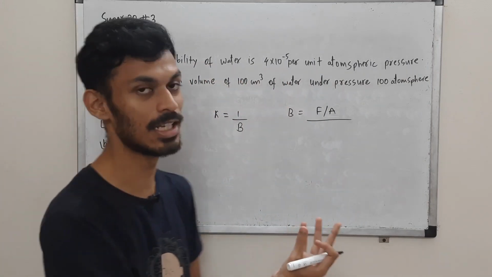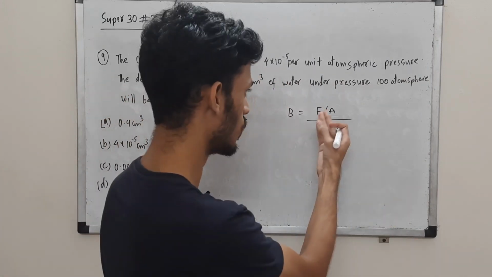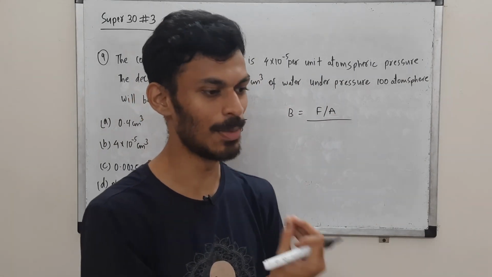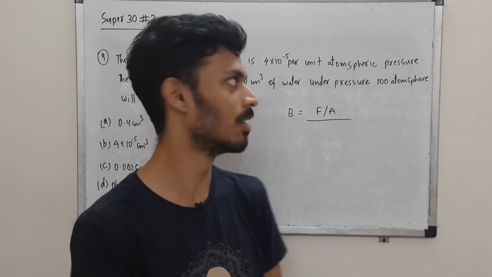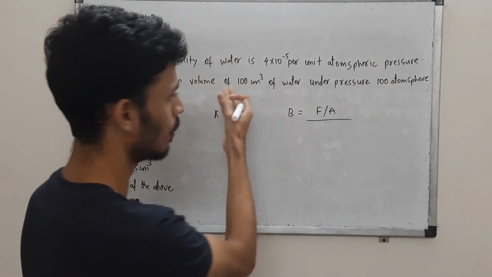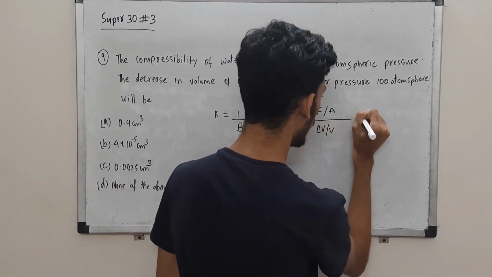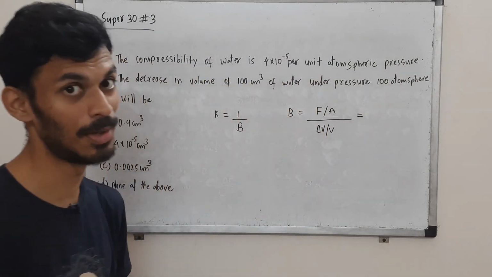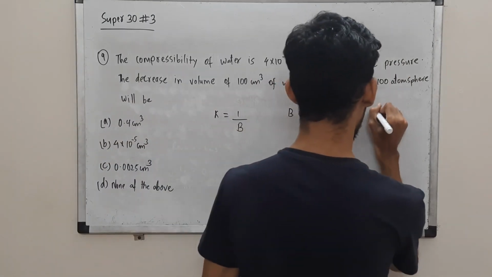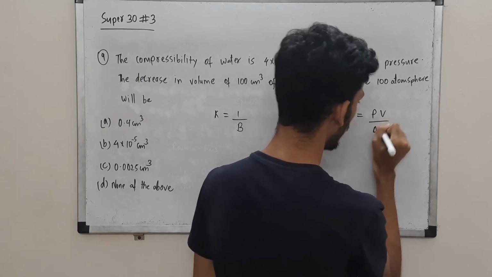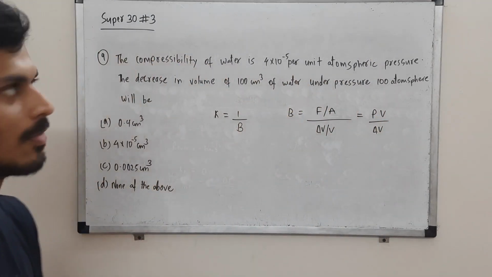Stress is force per unit area, and strain is change in the dimension to the original dimension. Here we are speaking of volume, so change in volume to original volume. Force per unit area is nothing but pressure, and this V will go on top, and we have delta V in the denominator.